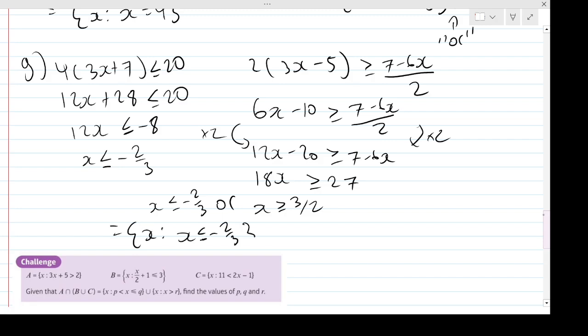And then we have an "or", so we need to split this up using this U shape for "or". That's what that shape means again. Or the other set of values of x such that x is greater than or equal to 3 over 2. So the key detail there again is that we have two different inequalities, which means I need to split them up, because every set, every bracket, can only contain one actual inequality.